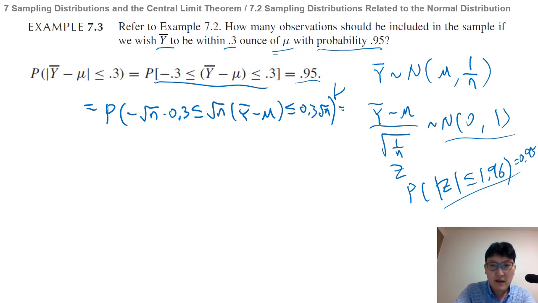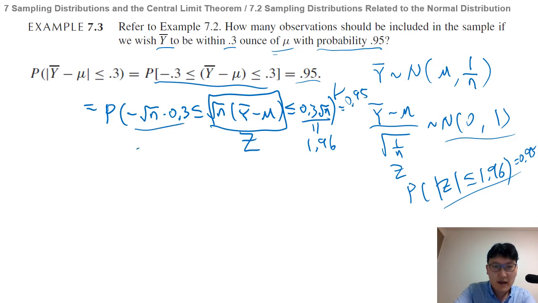This is 0.95, and this is actually z. And so what we know is this number is 1.96, and this is minus 1.96.